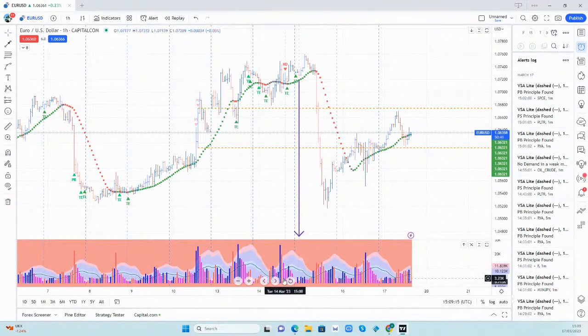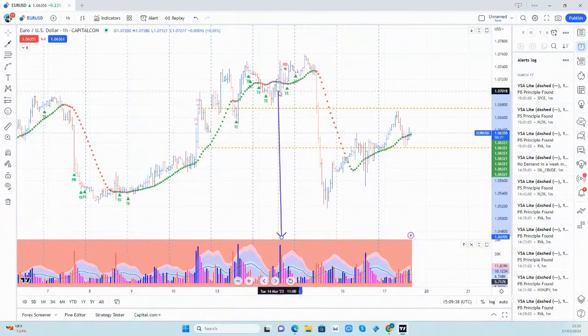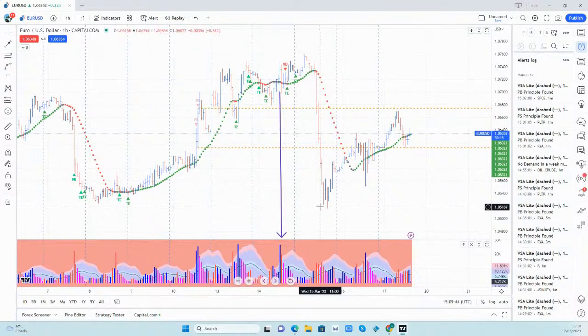Now, the volume thermometer is there for a reason. The volume means activity. So when the professionals are not putting too much volume, that means the professionals are not involved, they're not interested. And really, this bar here clearly states to me, this one here, this is like a spring, it's pushed up the market and then brought it down.